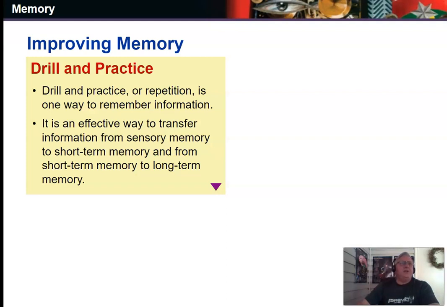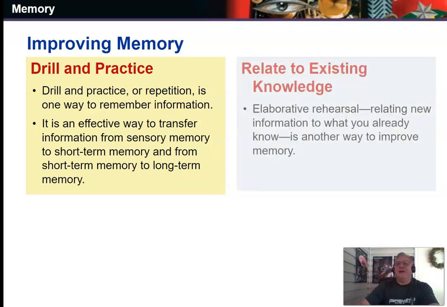Drill and practice or repetition is one way to remember information. It's an effective way to transfer information from sensory memory to short-term memory and long-term memory. And this is one of the strategies that they discourage teachers from using, by the way. Relate to existing knowledge. Elaborative rehearsal is what we try to emphasize in education, relating that information to what you already know is another way to improve your memory.